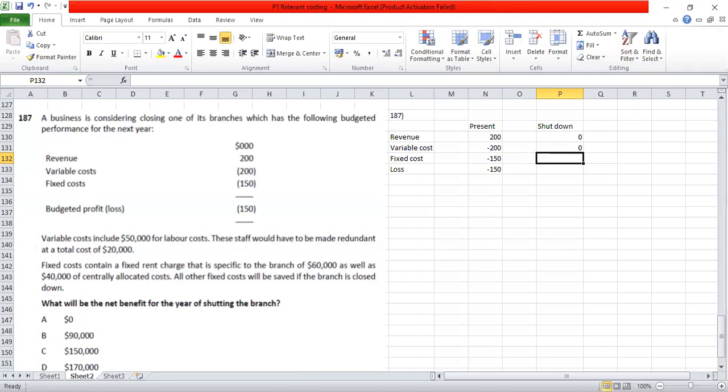It says that variable costs include 50,000 for labor costs. These staff would have to be made redundant at a total cost of 20,000. Okay, so that is one aspect.